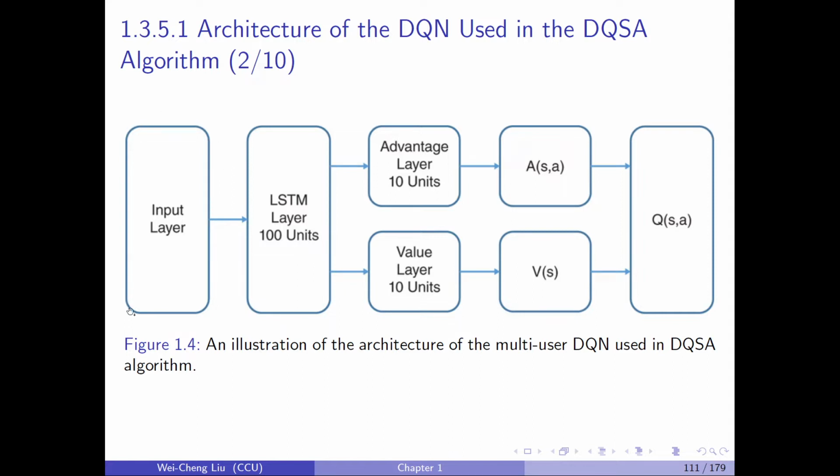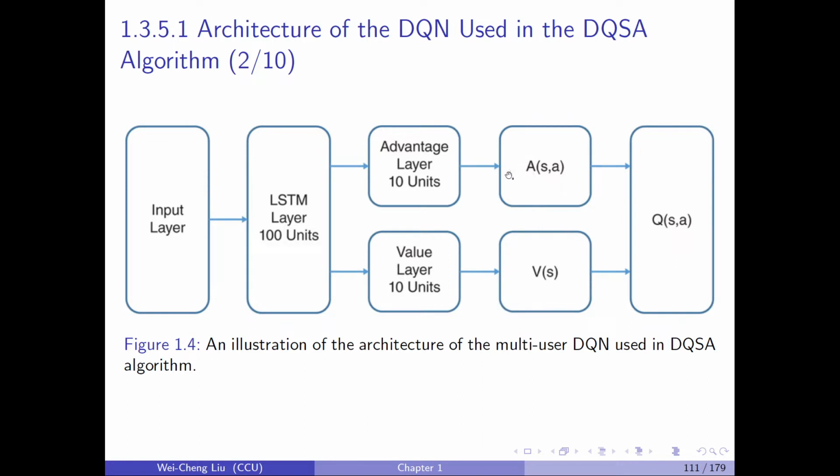So first there is an input layer, and there is an LSTM layer, 100 units. This block will output two blocks, the advantage layer, 10 units, and the value layer, 10 units. And here is the A of S, A, here is the V of S.